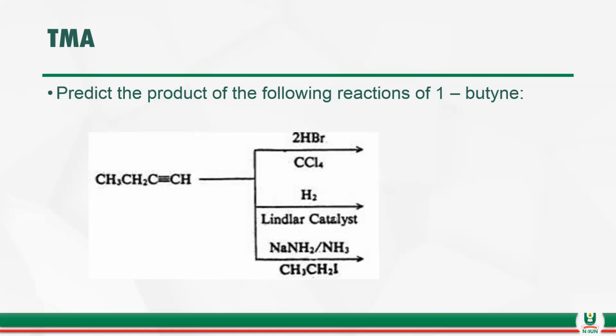If there is no Lindlar catalyst, then you are definitely going to get a butane, because in the absence of Lindlar catalyst, alkynes will be hydrogenated to alkanes. With Lindlar catalyst, alkynes will be hydrogenated to alkene.